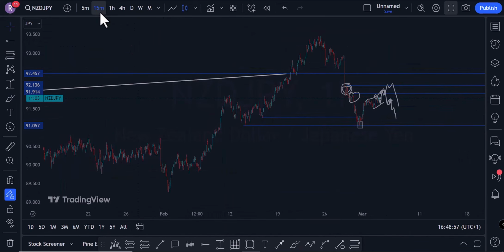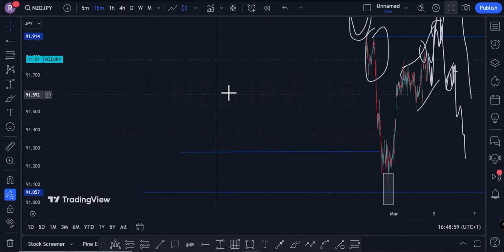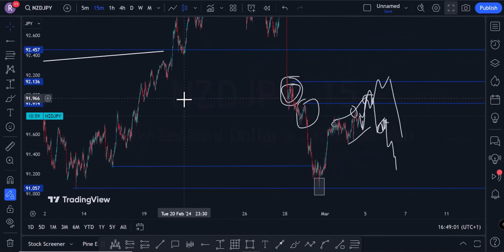And then the 15 minutes, I just use it to refine my entries, right? If I want to give a structure to an entry I identified in the 1 hour, I use the 15 minute. Likewise with the 5 minute. So there's nothing special with it.